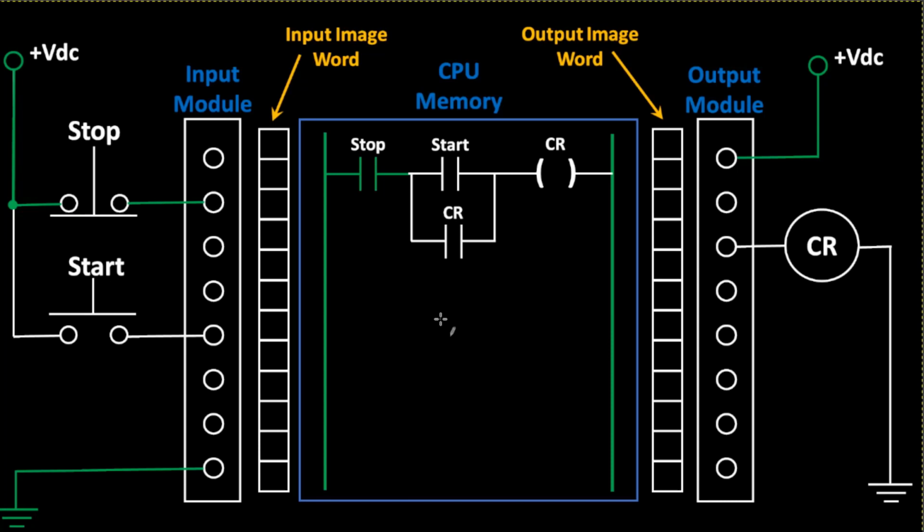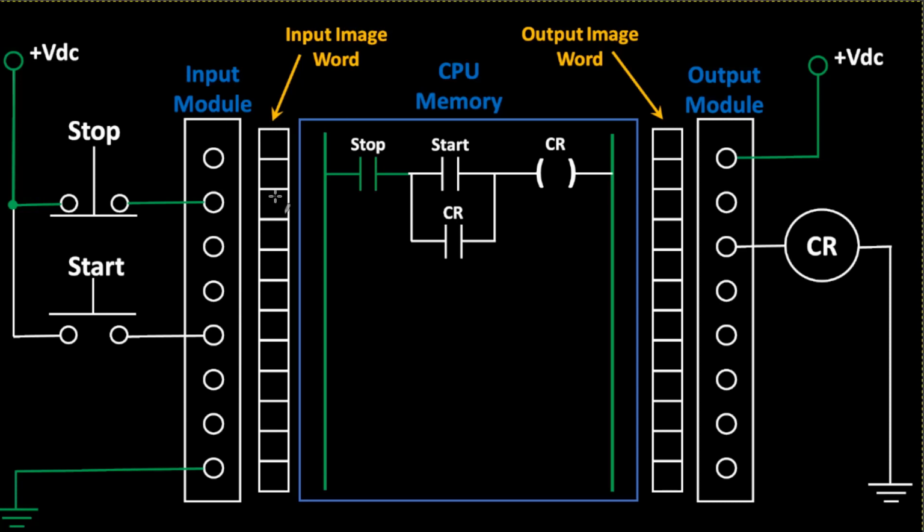Here's this drawing again, and here's the ladder logic that's running in the program. Right now, if you look at this stop push button, I've got current flow through the stop push button in the module and back out.